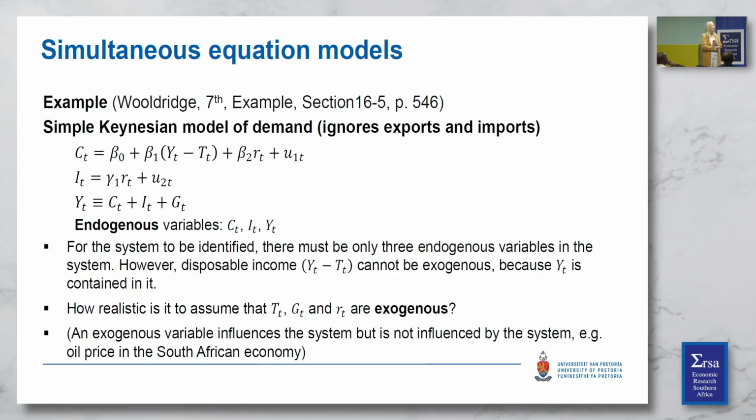But if we think just a little bit outside of the block, is that tax amount, the taxes that have been deducted from income to give disposable income, is that really an endogenous variable? I mean, a proper exogenous variable. Income is earned, and everybody has to pay their share.